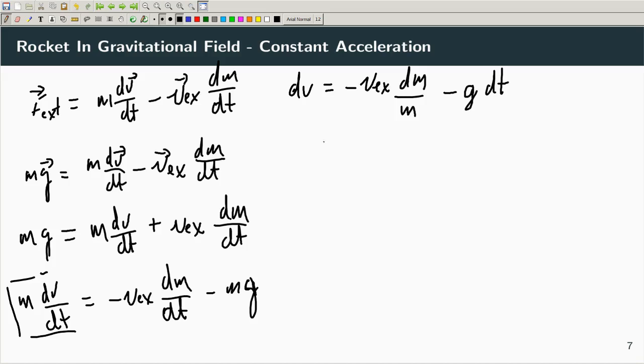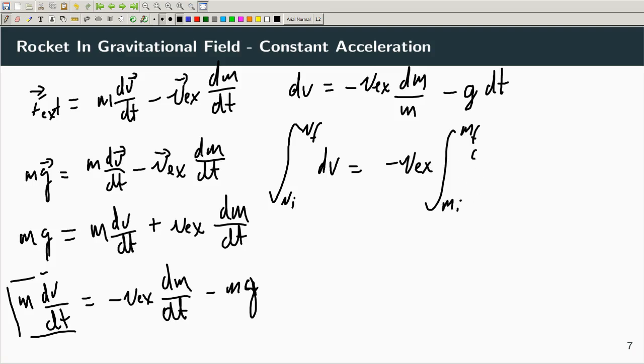When we take the integral, it's much the same as last time. So the initial velocity, the final velocity of the rocket, that's constant. The initial time, the final time of some small time interval dt. So taking the integral, it's much the same as before.